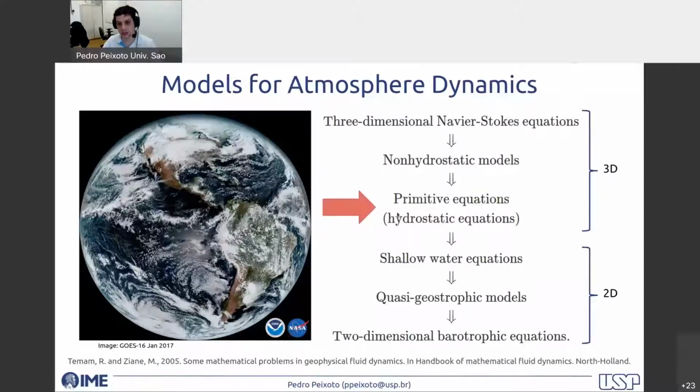We will see that we are mostly on the primitive equations, which is a set of hydrostatic assumptions, so you make an assumption about the vertical dynamics, or on non-hydrostatic models. I'll get to that in a minute, okay? So this is our setting. We'll be working mainly on these two sets of equations, but I'll make comments on shallow water equations as well.